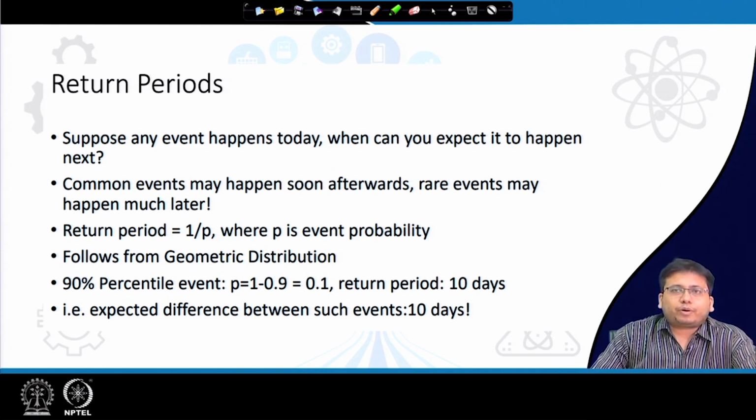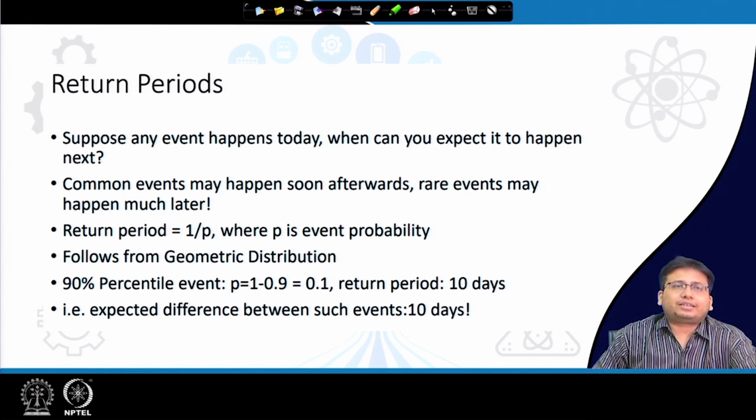Now, once it happens today, I may think that this much rainfall happened today in Kharagpur, and the last time this happened was, let us say, 20 years back or 35 years back. These kinds of statements we see being made when something very unusual happens, and the corollary is: when do we expect it to happen next?